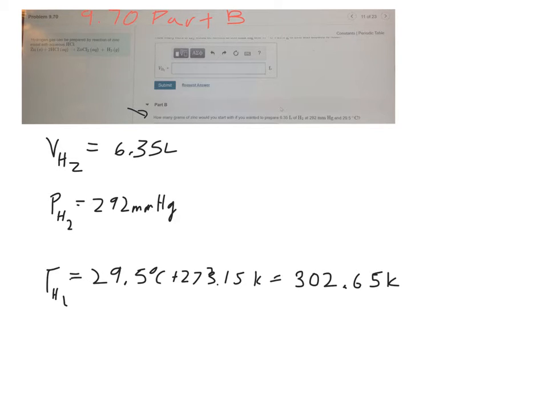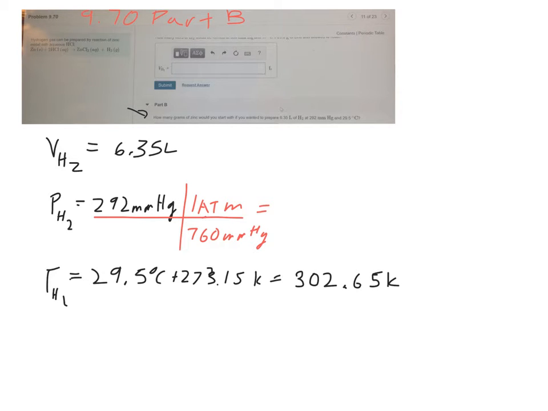So we're going to convert that right away to Kelvin. Now, we know we're going to be using PV=nRT, so we are going to have to do a quick conversion from millimeters of mercury to atm. But at least it's a legit temp scale.